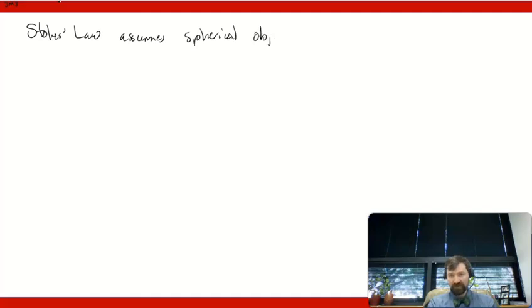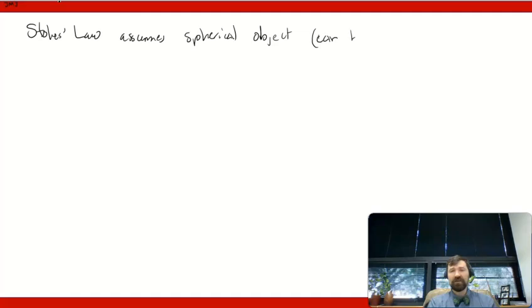The other thing is that with Stokes' law, strictly speaking, we assume a spherical object, but there is a generalization for non-spherical objects. So Stokes Law proper assumes a spherical object, but there is a modification to it.